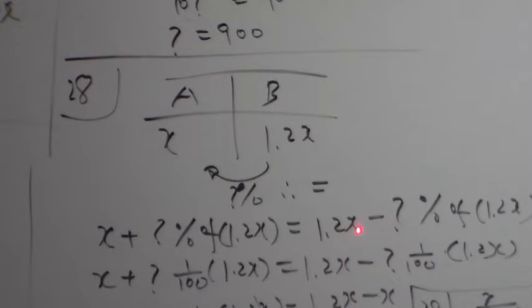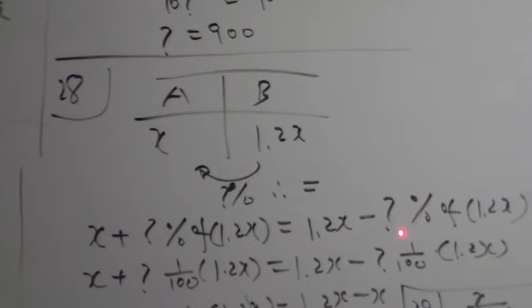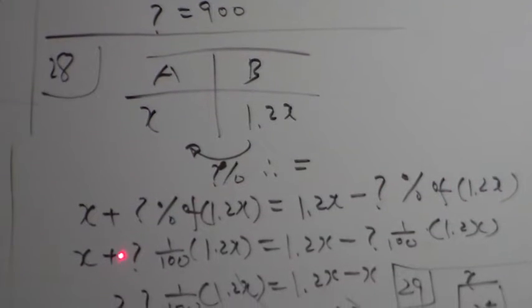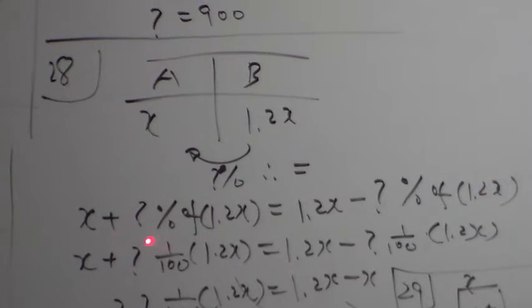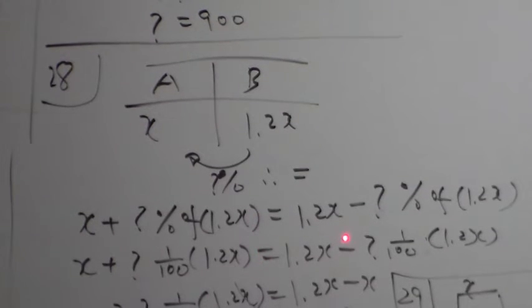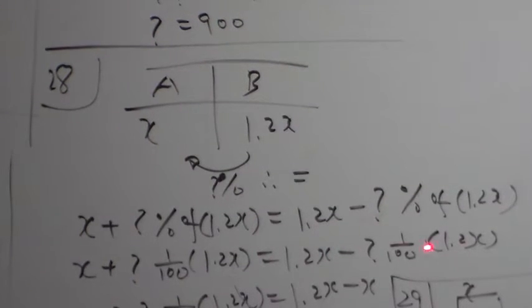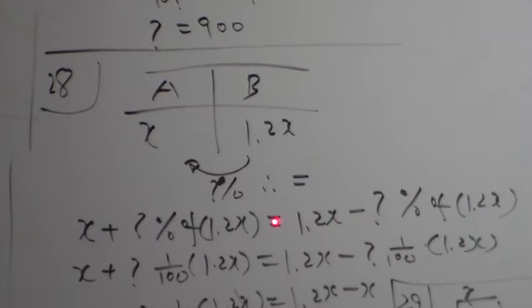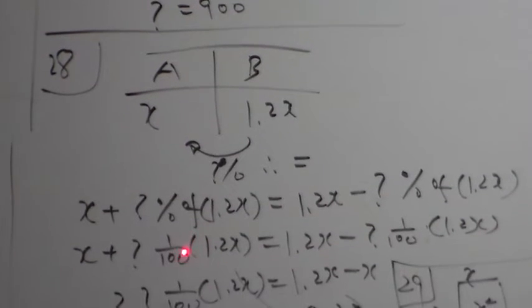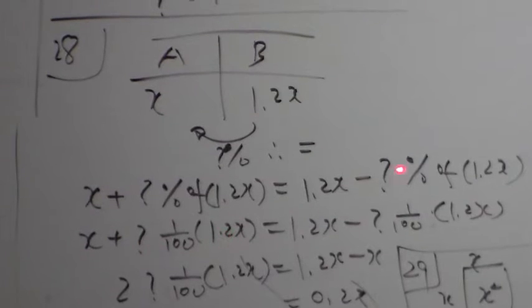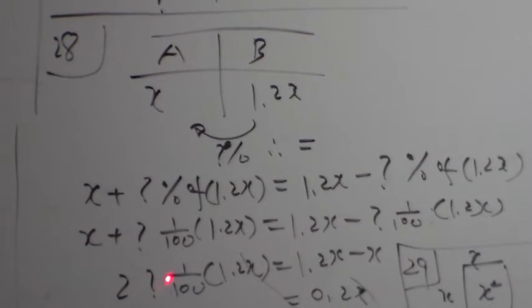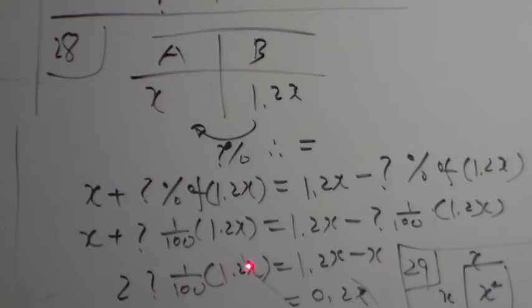So 1.2x minus the question percent of 1.2x. Then I rewrite this part on one side and this part on the other. So this one and this one are the same. I move the whole bundle to the other side. That means this plus this is 2 times the question of 1 over 100 times 1.2x.